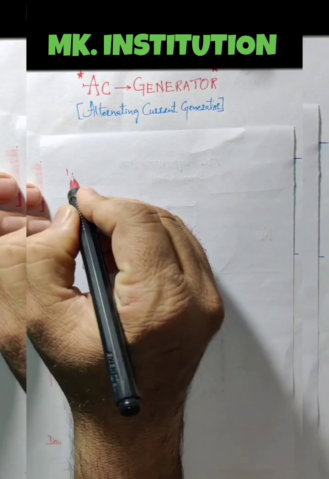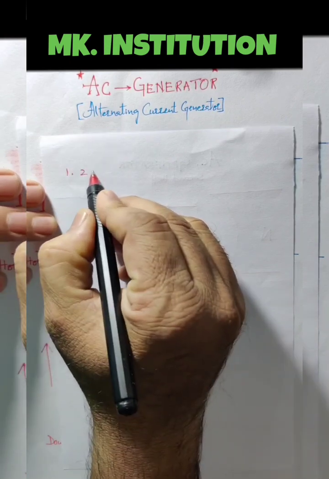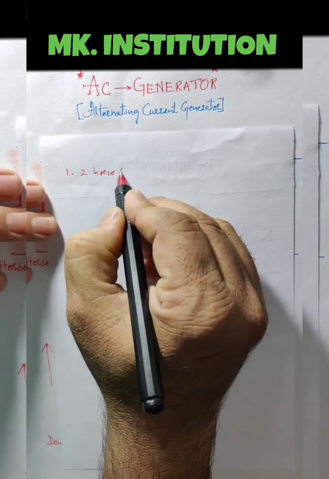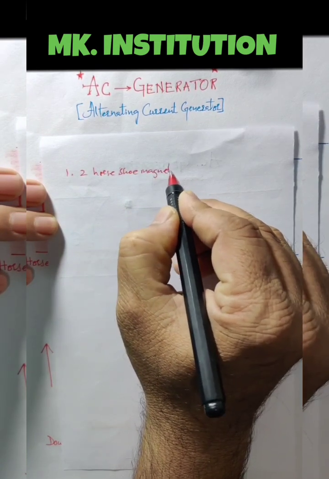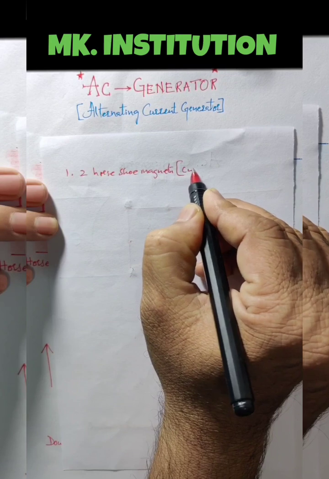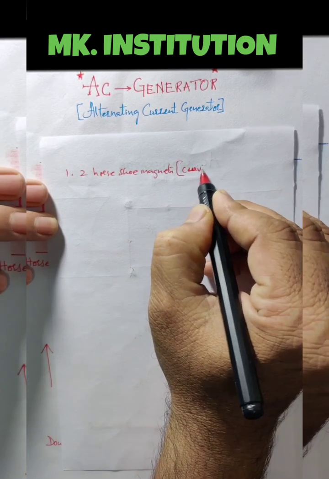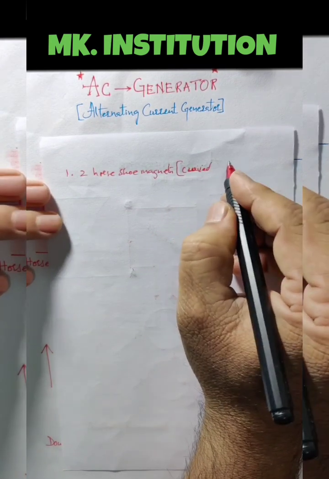The first thing we need is two horseshoe magnets. They should have a curved surface.